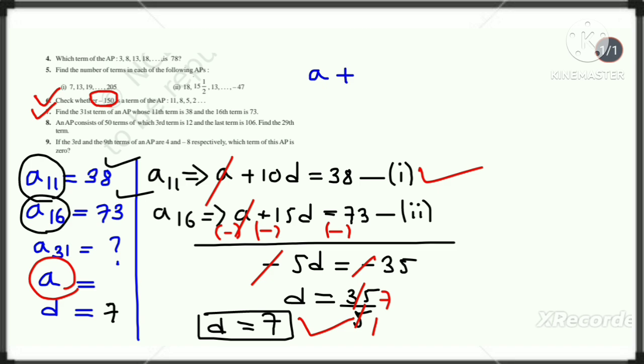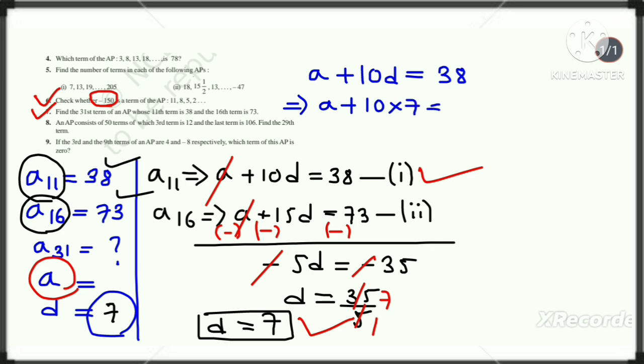A plus 10D equals 38. Now A plus 10 into D, we have just obtained 7, equals 38.